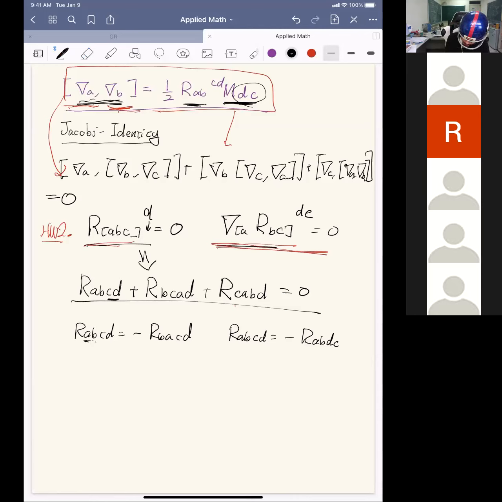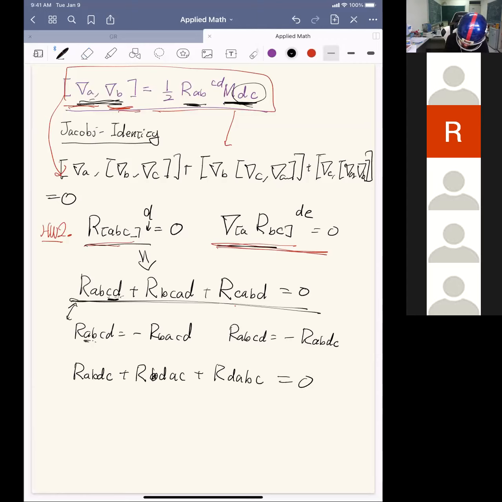Okay, so now these two things combined with this, I can, for example, write ABDC, replacing C, D with D, C. I can now immediately write down another equation, which is R_{BDAC} plus R_{DABC}.